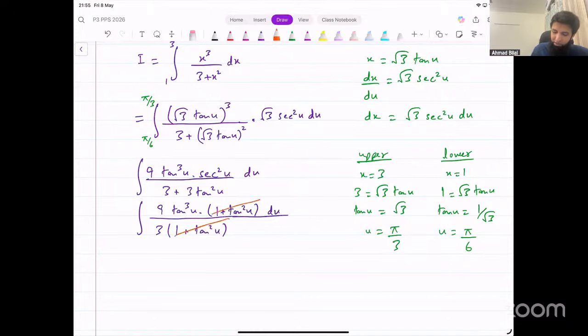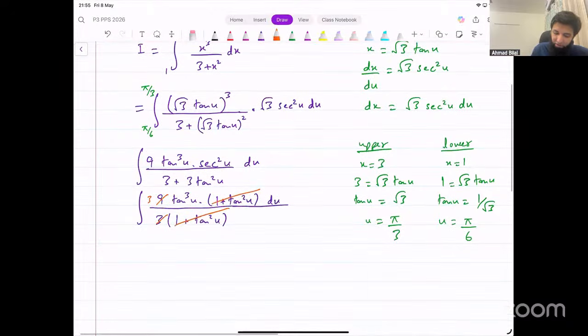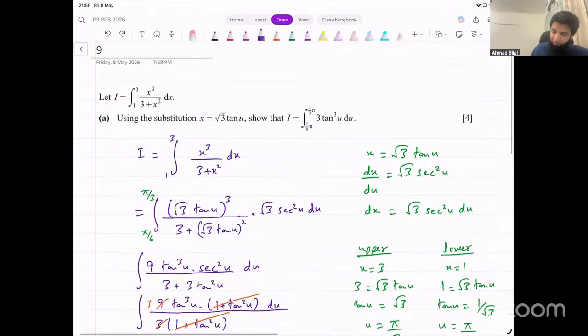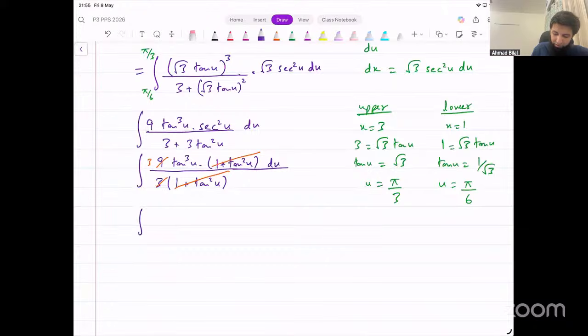This whole thing and this whole thing, they get cancelled. 9 over 3 is 3. What are we left with? 3 tan³u, and that's what we wanted. That's the first part: 3 tan³u with respect to u. Limits are from pi over 6 to pi over 3. Okay, that's our final result. That's what we wanted in the first part. Now this is done.